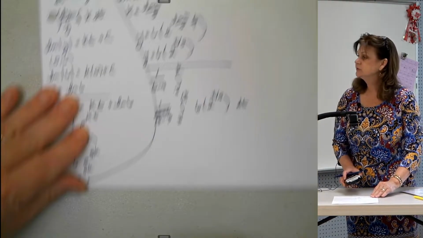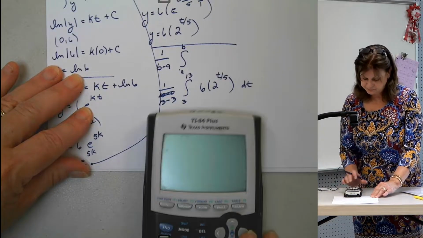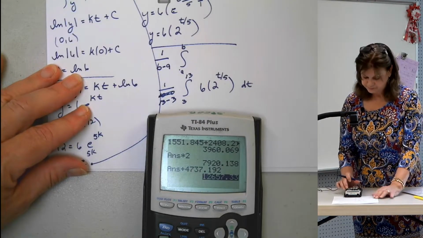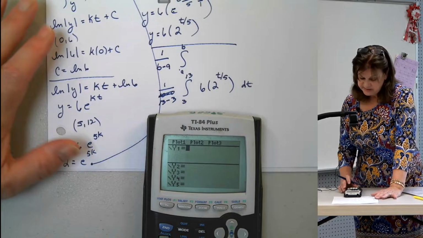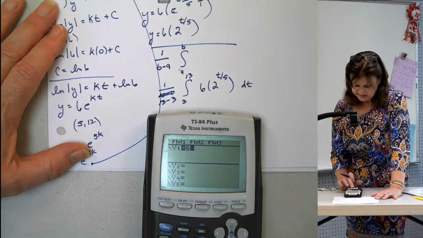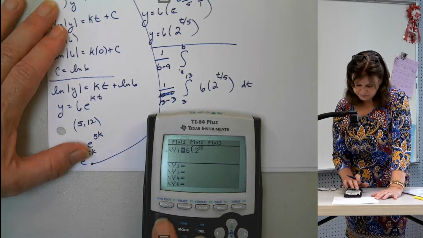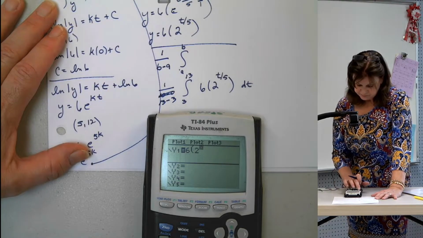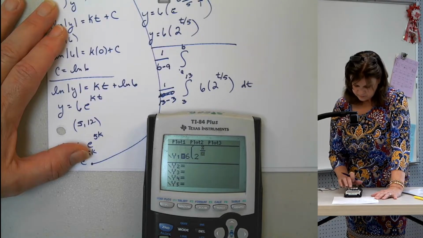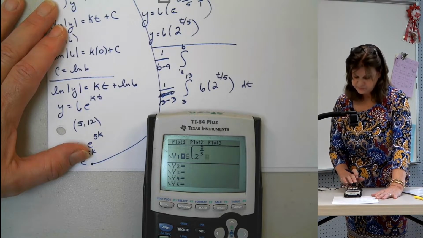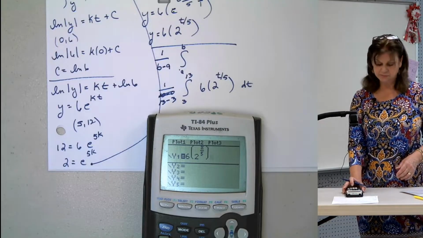So what we're going to do is go to y equal. I'm going to clear all that out. I'm going to clear this out. And my equation is 6 times 2 ... okay, make sure you get that in right.